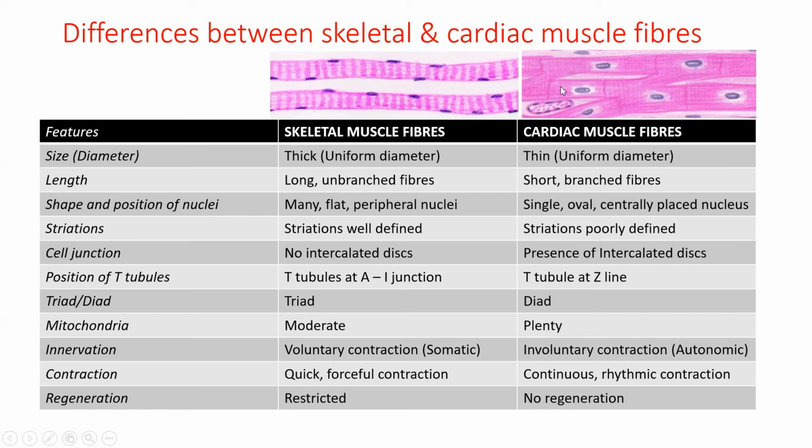The striations are faint in cardiac muscle, whereas in skeletal muscle the striations are very prominent. There is no intercalated disc in skeletal muscle, whereas the cardiac muscle shows the intercalated disc. These are the light microscopic differences, whereas these ones are the electron microscopic differences between the skeletal and cardiac muscle.